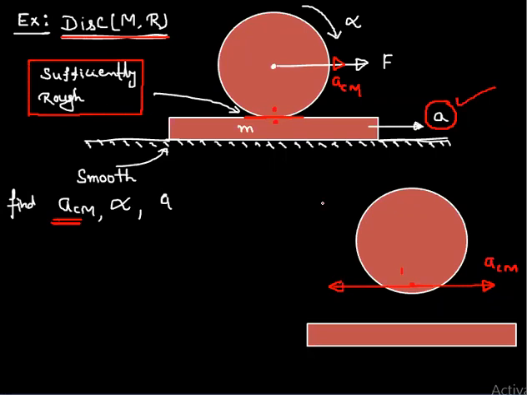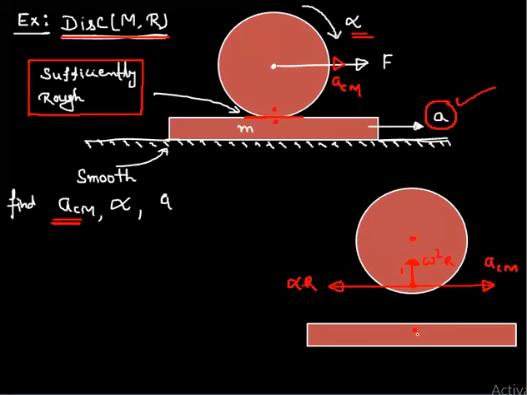The object is rotating in the clockwise direction, so this point will have alpha times r in the backward direction. Another acceleration we can have is omega square times r.